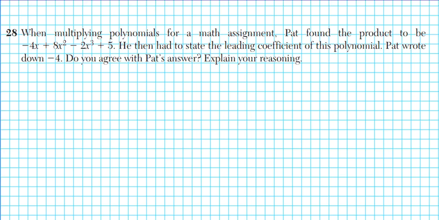Okay, so let's go ahead and rewrite our polynomial. We have negative 4x plus 8x squared minus 2x to the third plus 5. Alright, so what are the terms that we have here? This is the first term. Let's put that in a circle right here.